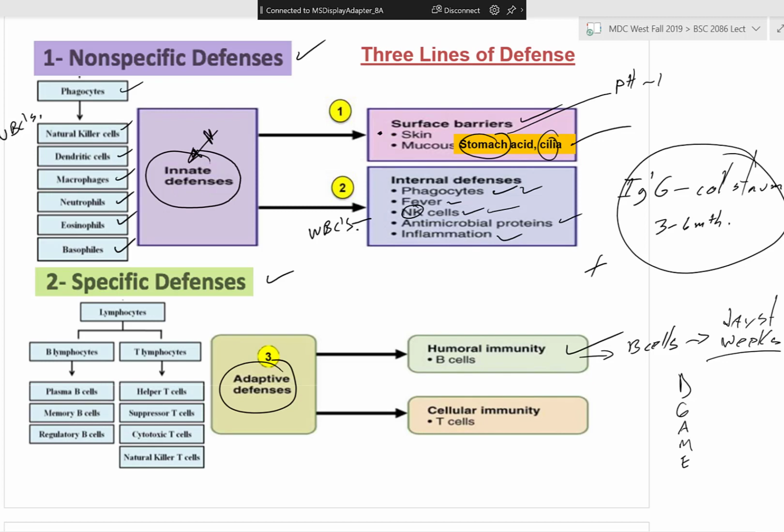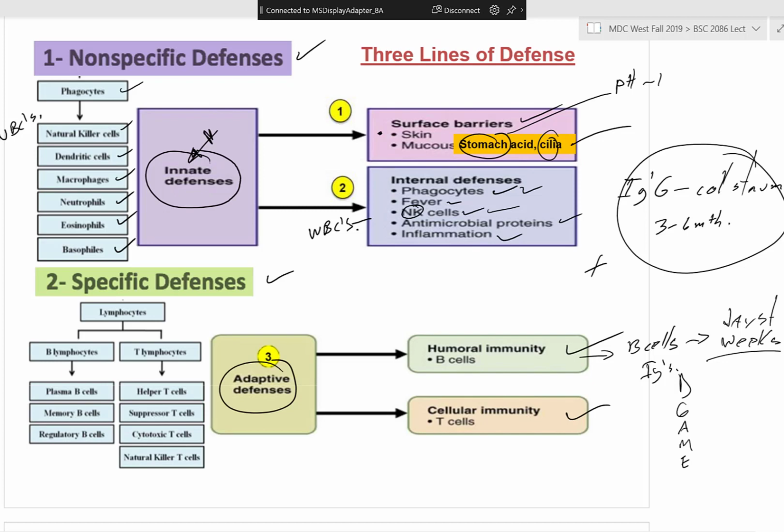Humoral means creation of your immunoglobulins. These are proteins that are part of your immune system, like IgD, IgG, IgA, IgM, and IgE, as covered before.